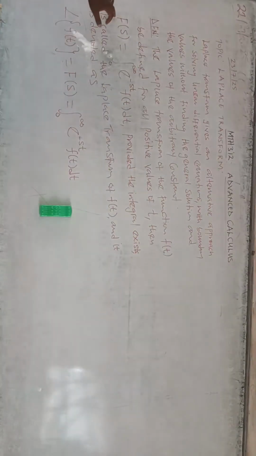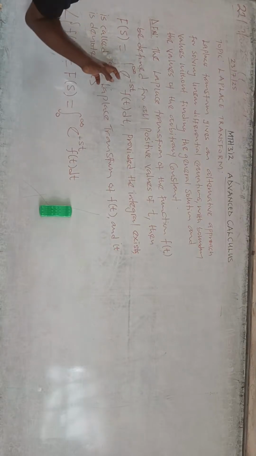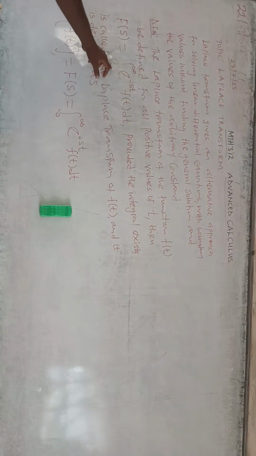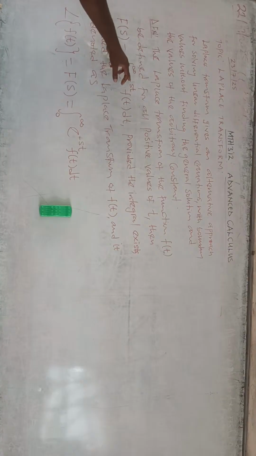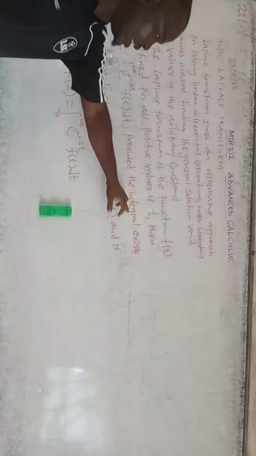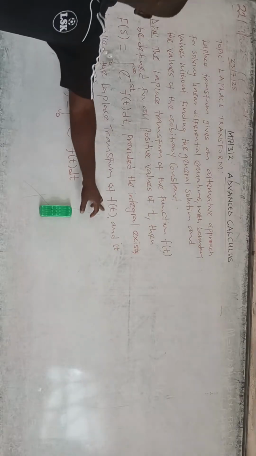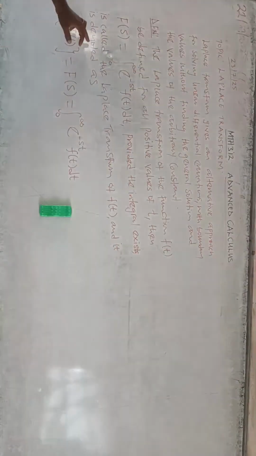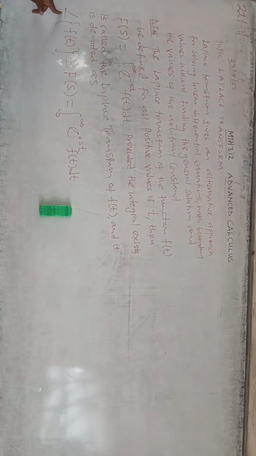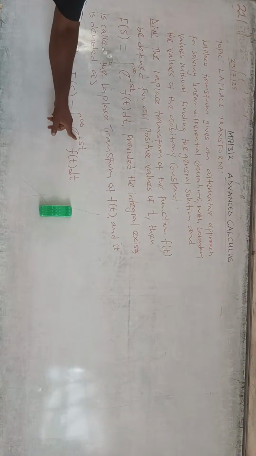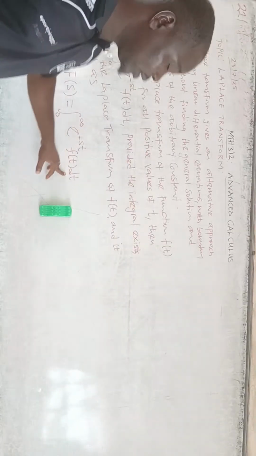Then F of s is equal to the integral from 0 to infinity of exponential minus st f of t dt, provided the integral exists, is called the Laplace transform of f of t, and it is denoted as Laplace of f of t equals F of s equals integral 0 to infinity exponential minus st f of t dt.